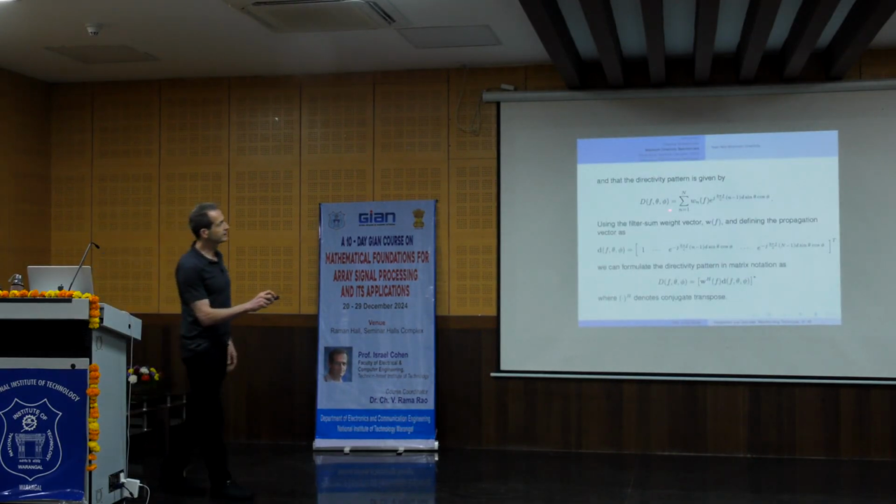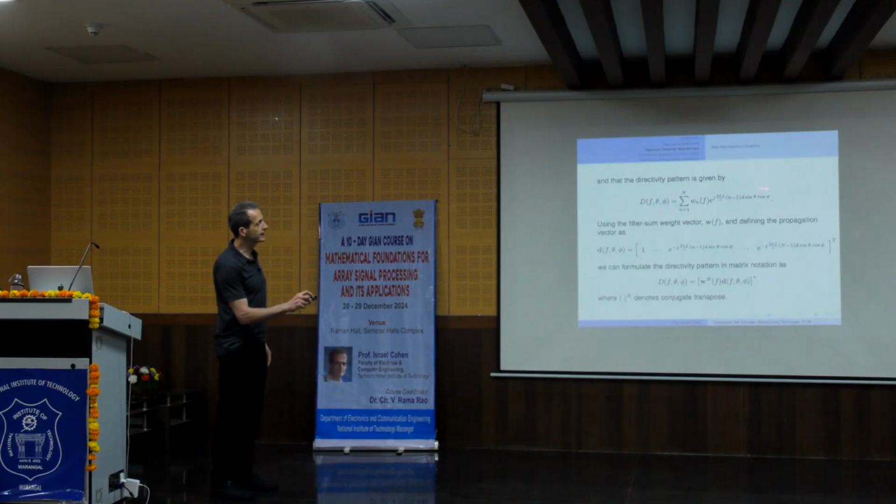You see, the directivity pattern is written like this for a far field source. And when you see it here, what does it mean? If I write it like this, these are the phase differences between sensors. So it means that we used a uniform linear array.